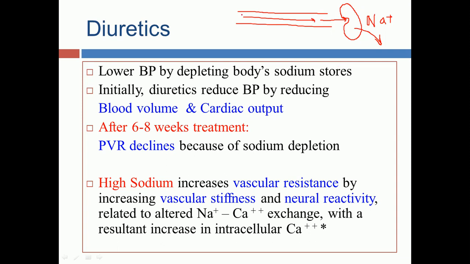So simply, this will lower the blood volume. If sodium is decreased in the body, then ultimately more effects will come out. So blood volume and cardiac output are reduced, because when more blood is available, cardiac output will be greater. But after 6 to 8 weeks, sodium depletion will cause a decline in peripheral vascular resistance.